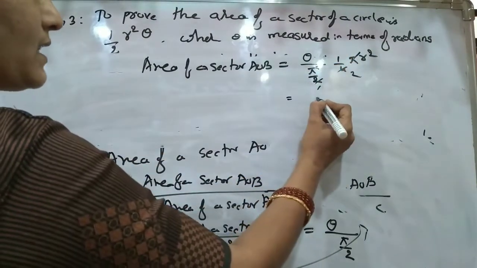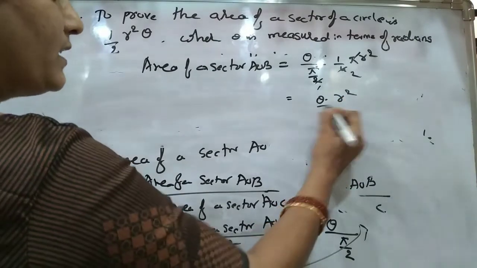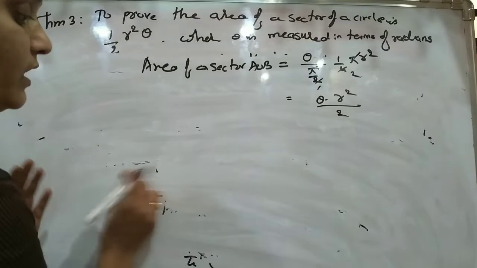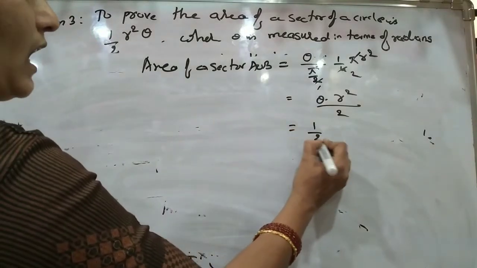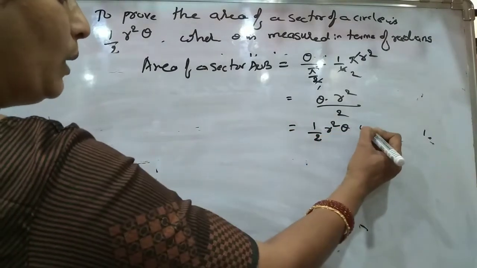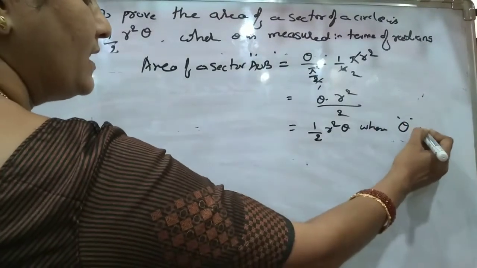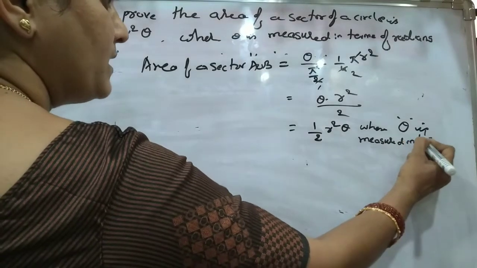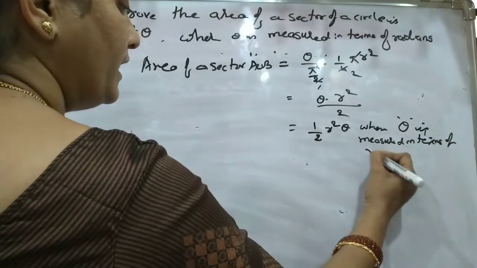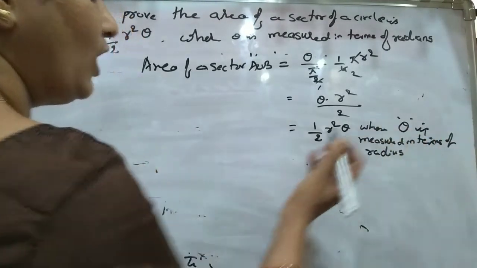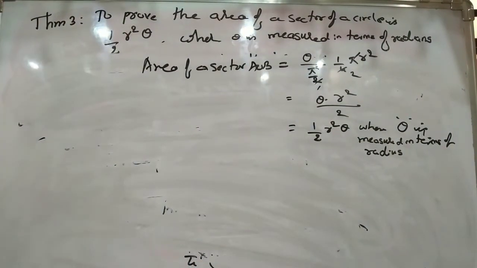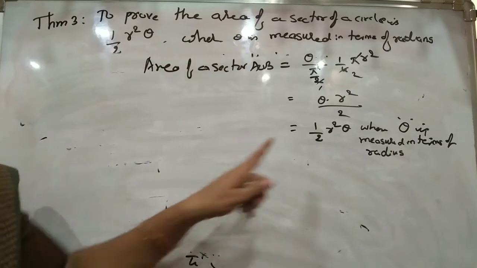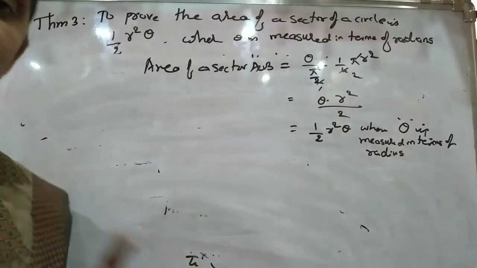Pi cancels. Theta remains, r square remains in the numerator, and there is 2. In other words, I can say area of sector AOB is half r square theta, where theta is measured in terms of radians. Thus, the area of a sector of a circle whose radius is r and which makes an angle theta at the center is given by the formula half r square theta.